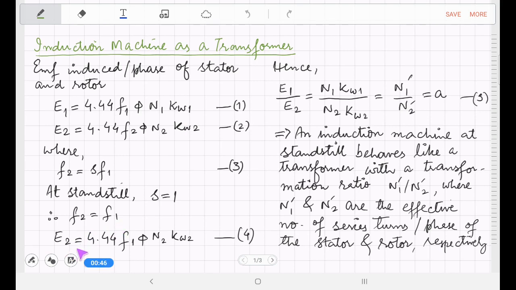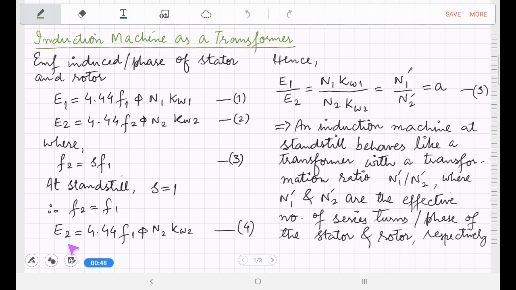and the EMF induced at standstill per phase of rotor will therefore be given by E2 = 4.44 f1 phi N2 kw2. If we take the ratio of E1 to E2 with the rotor at standstill, all other terms will cancel out except for the N's and k's.